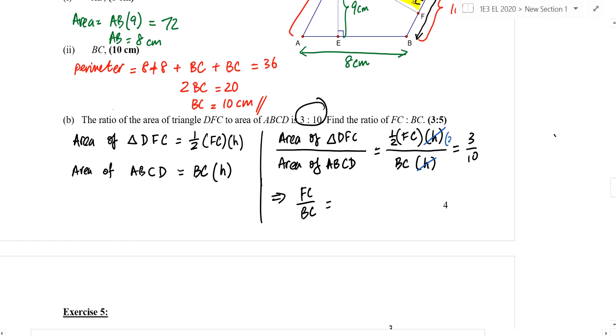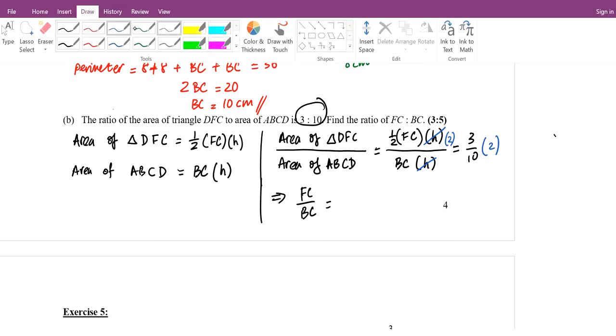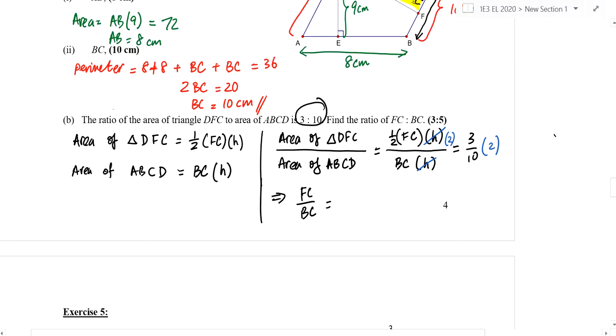The reason I'm multiplying by 2 is so that 2 times half equals 1, leaving me with FC over BC only. On the other side, 3 times 2 is 6, 6/10, simplified to 3/5. So our ratio of FC to BC is 3:5.